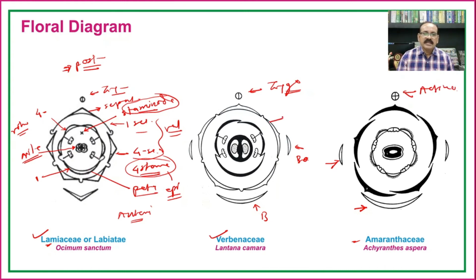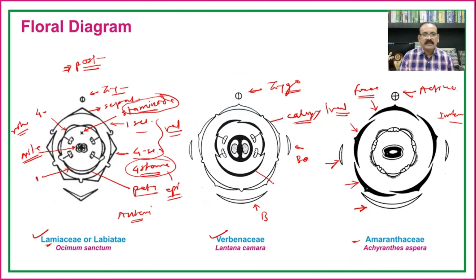Here the calyx or the sepals are fused with valvate estivation, and here there is a free condition of the sepals with one outer and one inner sepal. That is, here there is an imbricate type of condition.